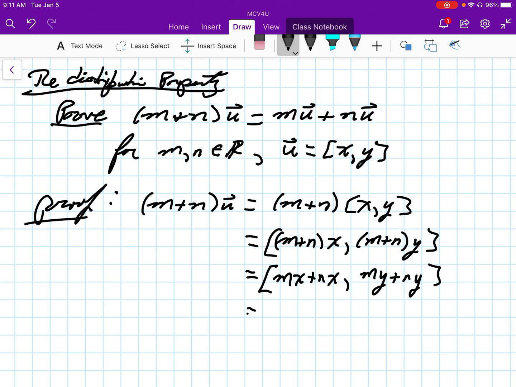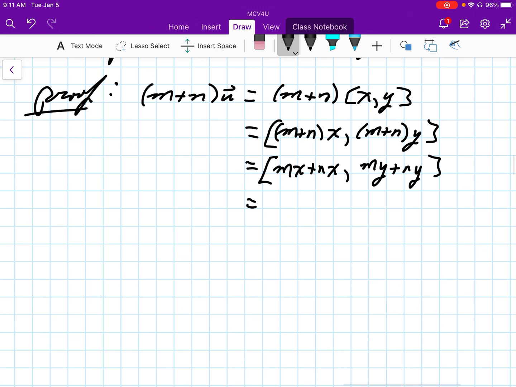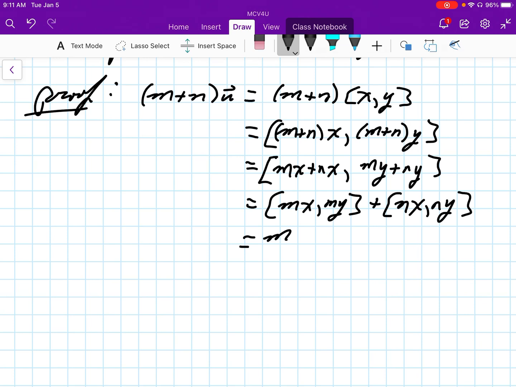All right. And then what we can see here is that that is vector addition, right? So we can take the vector addition and go the opposite way. So we have mx, my as one vector. We add that with nx, ny as the other vector, and we can see that that is m times vector u plus n times vector u.